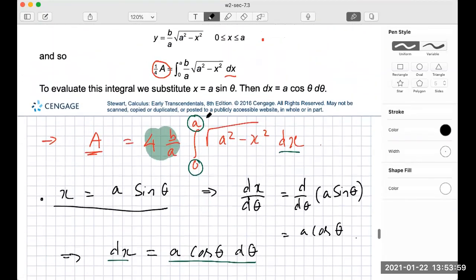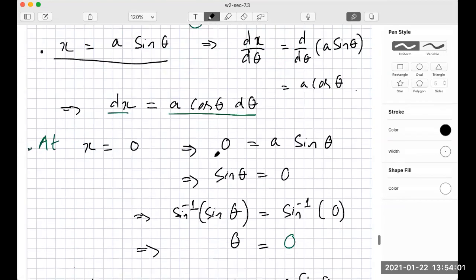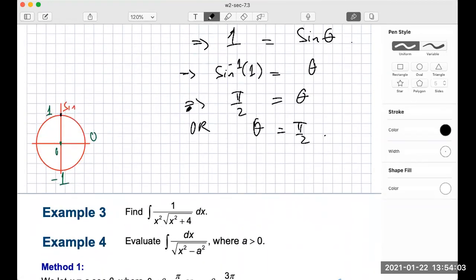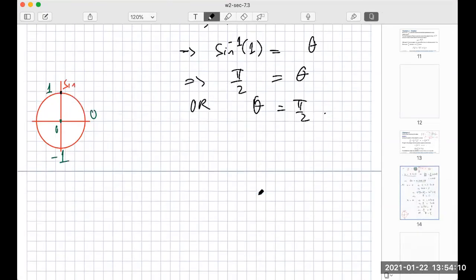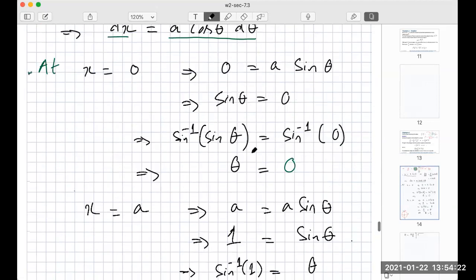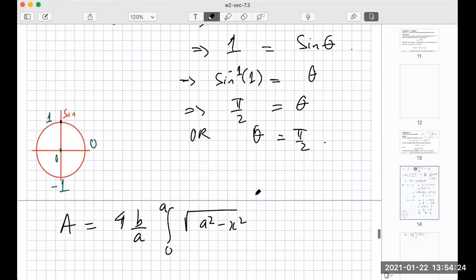So, the integral here, right? Let me add one more page here. A would be 4b over a, integral from 0 to a of square root of a squared minus x squared dx here.